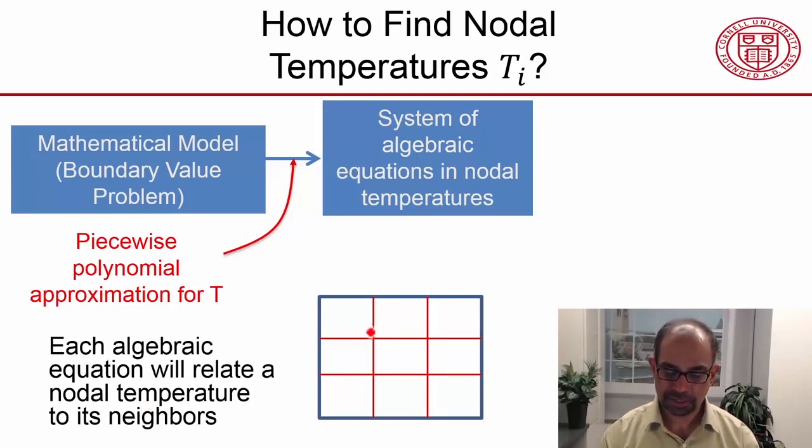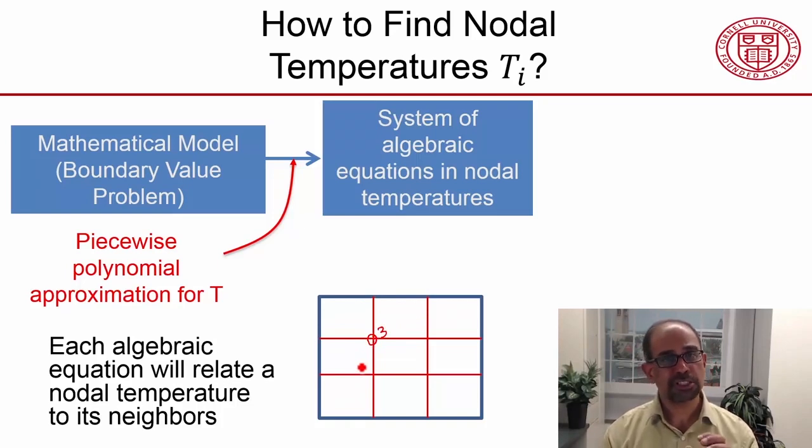For instance, if I consider this particular node, when the solver derives the algebraic equation for that node, it'll relate the nodal temperature, let's say if this is 3, it'll relate T3 to the neighboring temperature values.